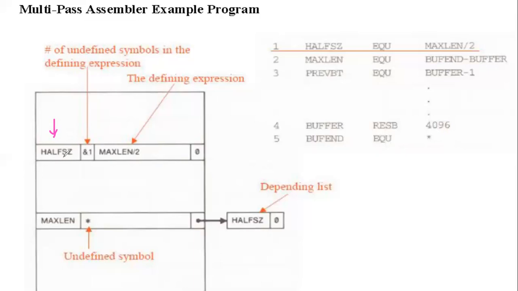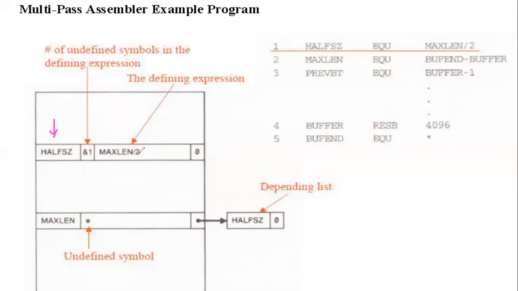So half size was the operand, and the expression is maximum length divided by 2. Here, how many symbols are undefined? One symbol is undefined, because of that we are writing ampersand of 1. Then, what is that expression? The definition of the expression should be maintained over here, because if I find the value of max length, I can substitute it here.